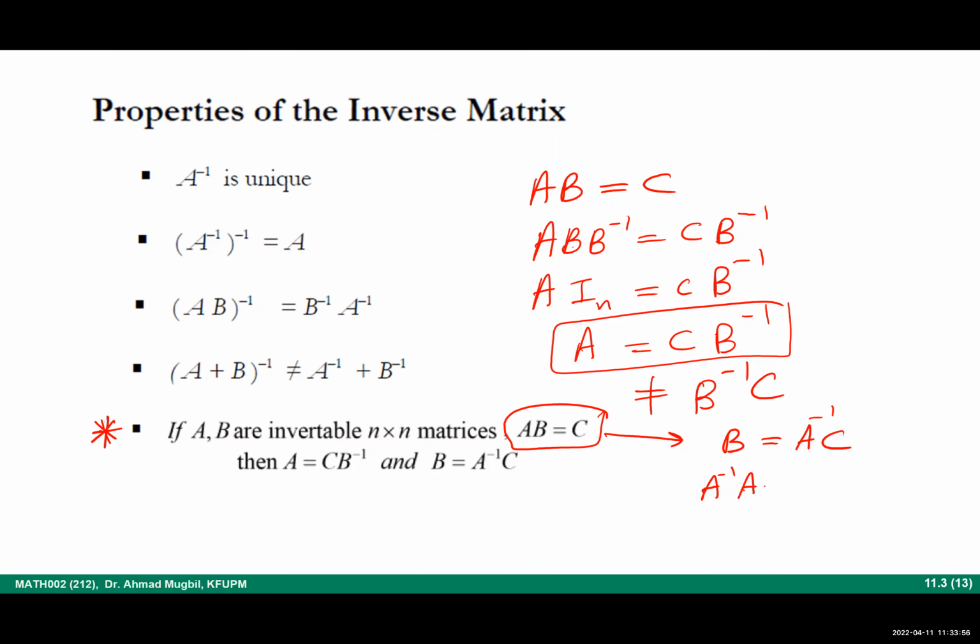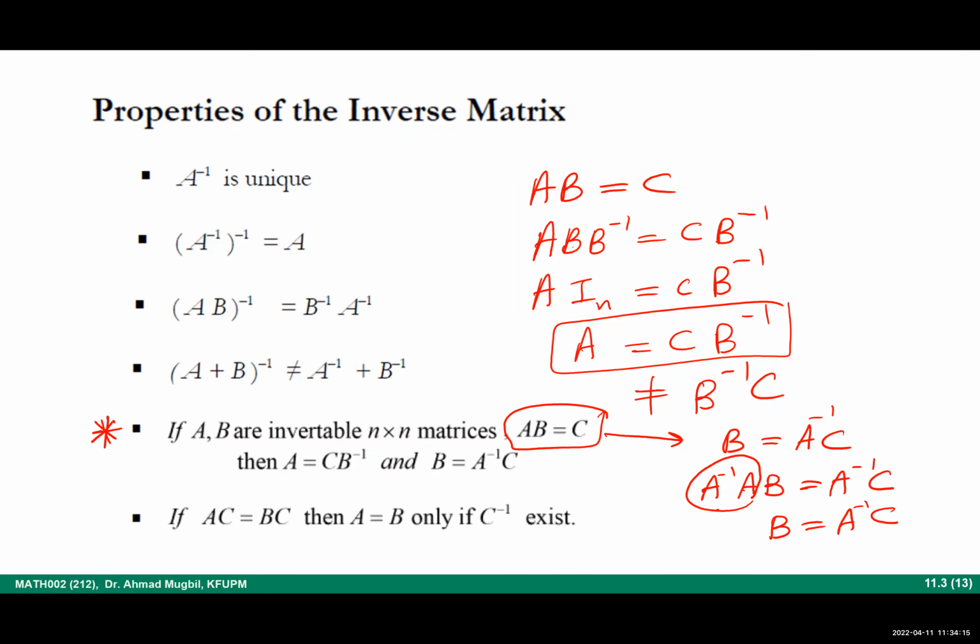From the left. You know that the product is not commutative. This is the identity matrix. The identity matrix multiplied by B will give you B. Clear? I wish it is clear. It is so important. It should be clear.